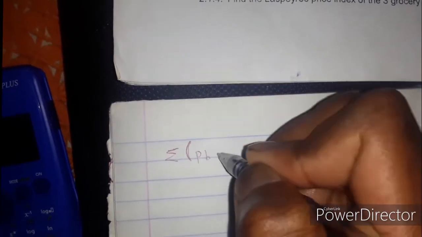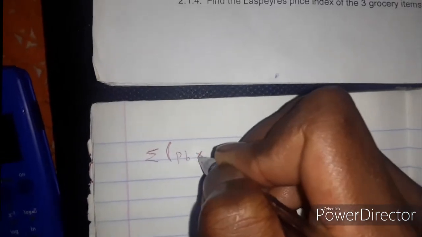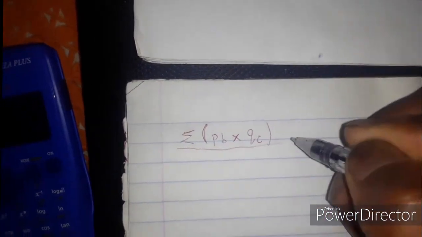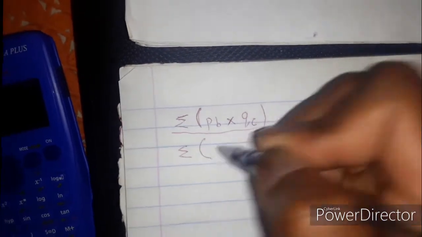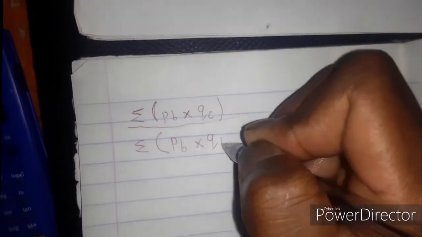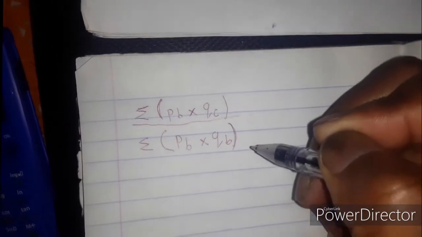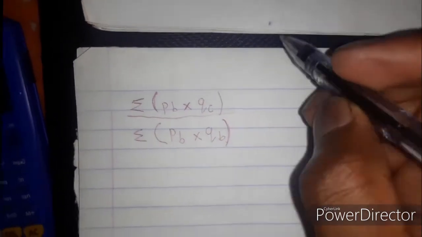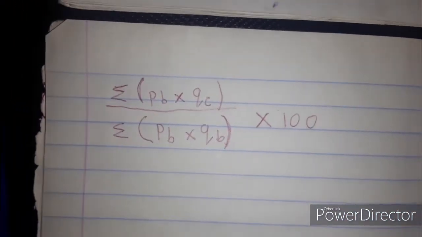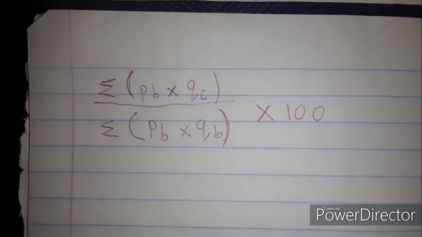This is the sum of P_B multiplied by Q_C, all divided by the sum of P_B multiplied by Q_B, like this, and then times 100. That is the formula for the Paasche quantity index.